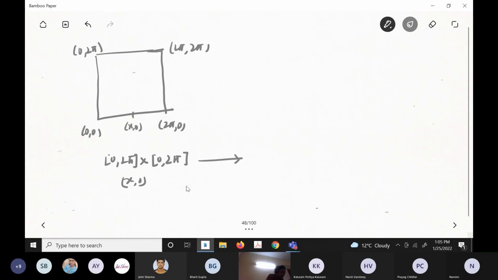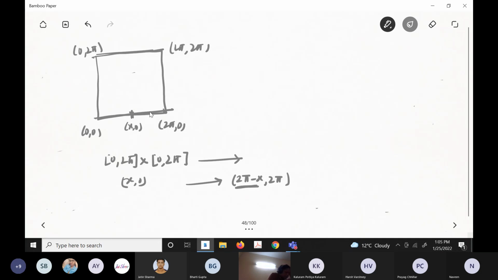So we are identifying it with, look what I'm doing, 2 pi minus x, 2 pi. The y coordinate is 2 pi, so it is here on this side. But look how I am identifying: 2 pi minus x.